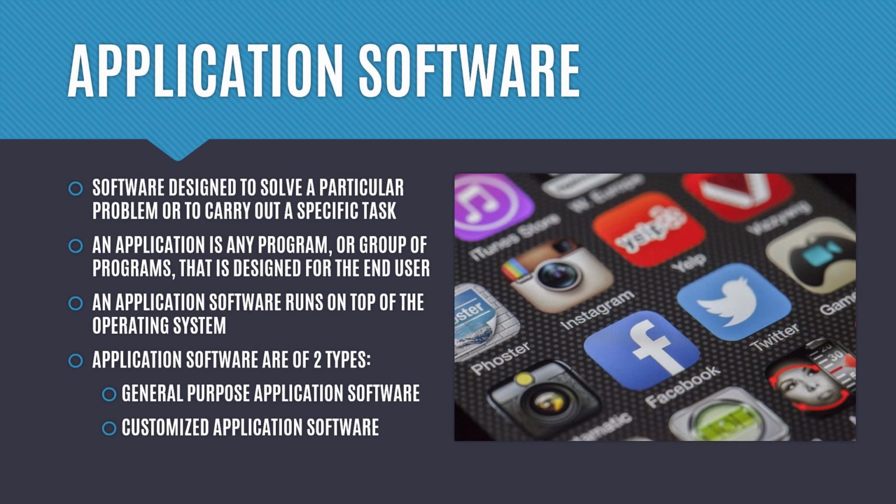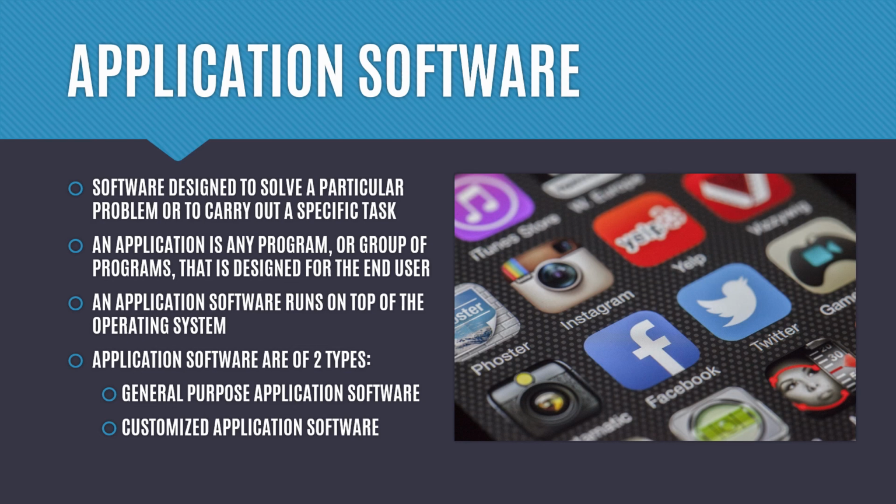What about customized application software? It is software designed for a specific task, for a specific use case scenario. For example, let's say you have a restaurant and you want a software that would bill the customers. You have to approach a programmer and get the software designed for your restaurant, right?